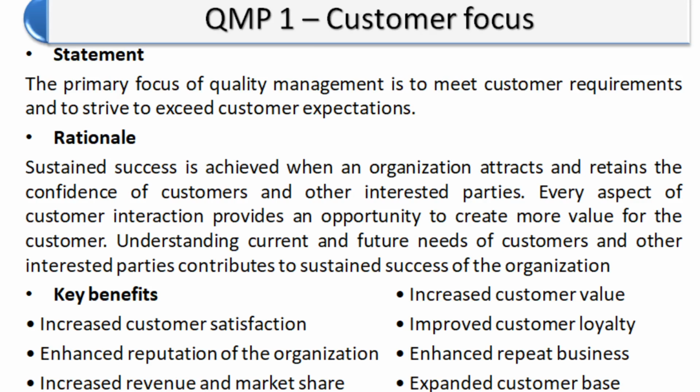Every aspect of customer interaction provides an opportunity to create more value for the customer. So by understanding the current and future needs of customers and other interested parties, that will contribute to the sustained success of the organization. So the ISO principle number 1 focuses on this customer priority.